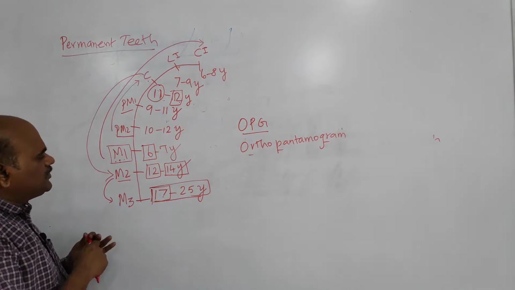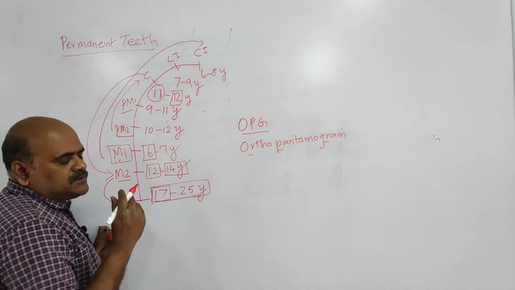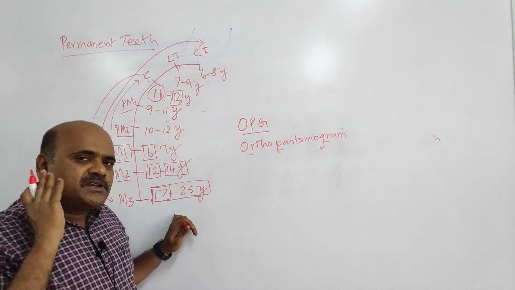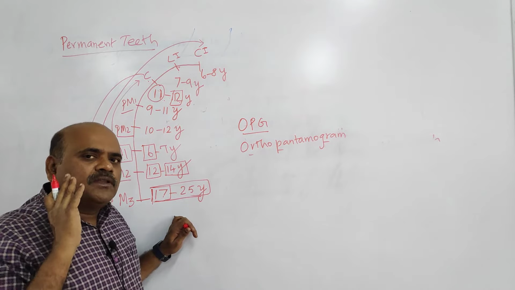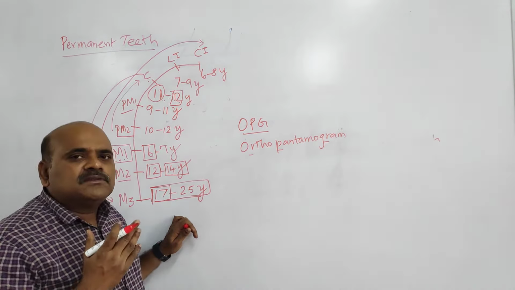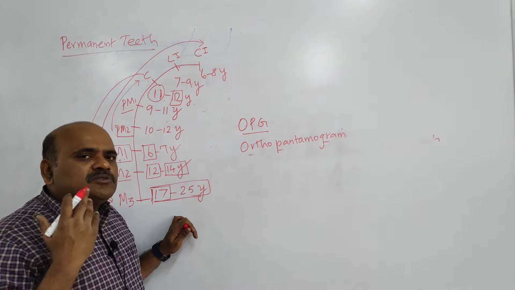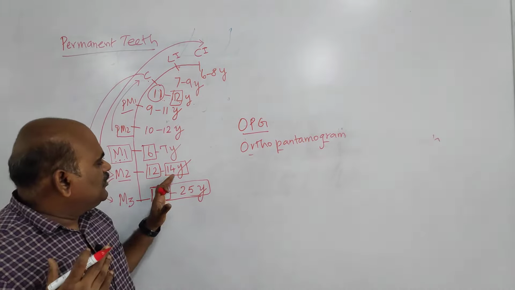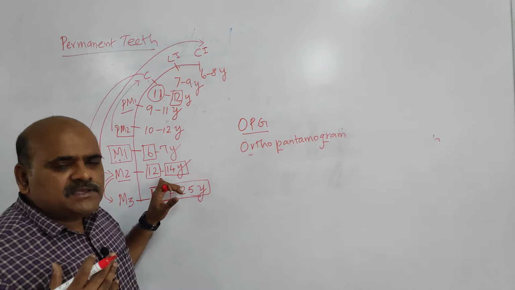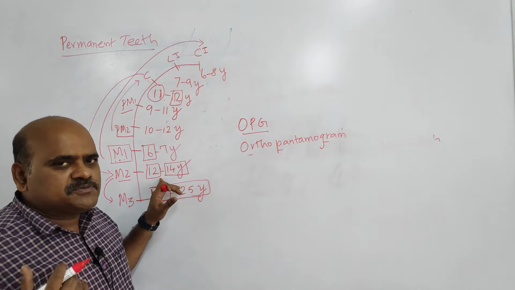Normally, after eruption of the permanent second molar, which occurs by 12 years, the jaw grows posteriorly to give room for the upcoming third molar. In some individuals, it doesn't occur. The jaw doesn't grow posteriorly. So what happens is there will be no space after the second molar teeth or inadequate space.